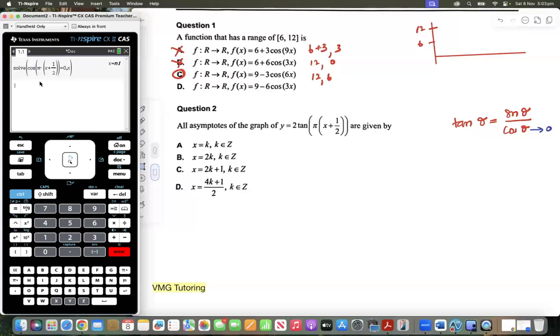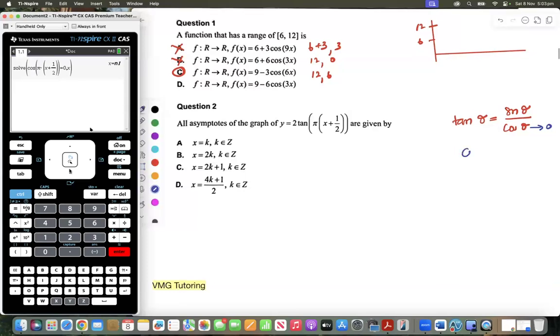So cos x will be 0 at those values. In that case, your asymptotes, where cos theta approaches 0, are for theta equal to integer values, say k, where k is an integer. In that case, it looks like your answer is A.